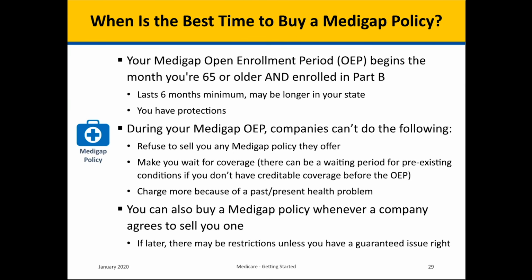Once this period starts, it can't be delayed or repeated. During this open enrollment period, companies cannot refuse to sell you a policy that they offer, make you wait, or charge more as far as a premium because of past or present health problems.